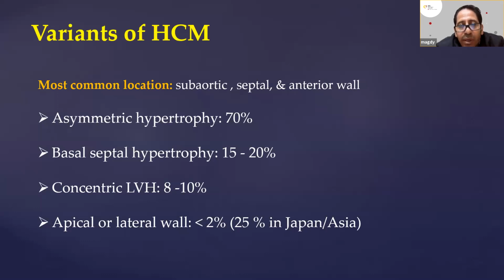Basal septal hypertrophy is seen in 15 to 20%. Concentric LVH is another variant, seen in around 8 to 10%. And the characteristic Japanese type, known as Yamaguchi type or apical hypertrophic cardiomyopathy, is less than 2% overall, but it is present in the Japanese in around 25%.